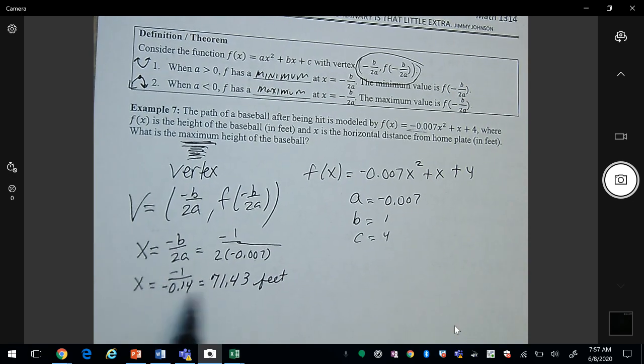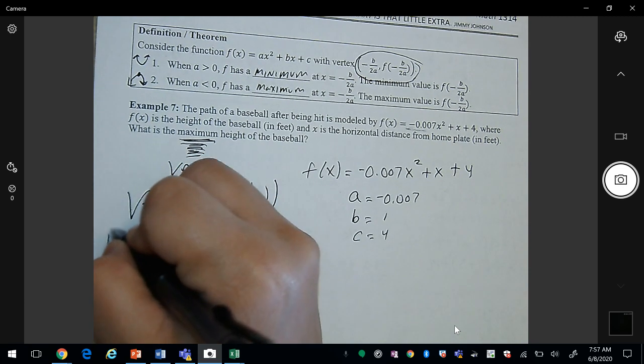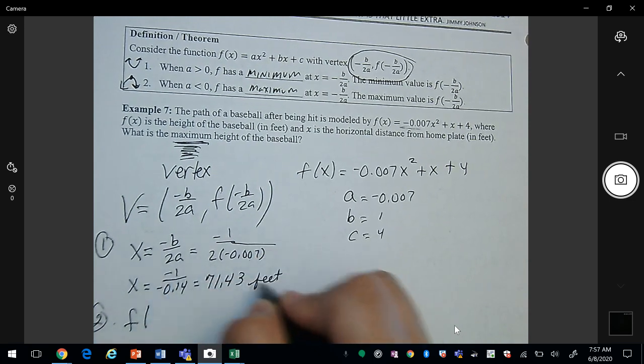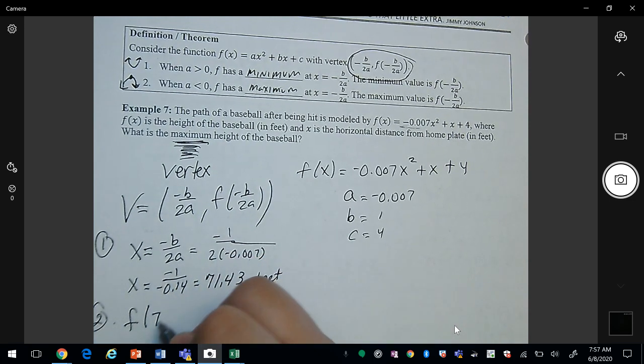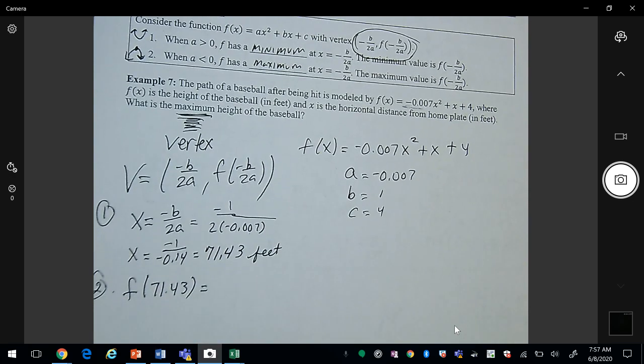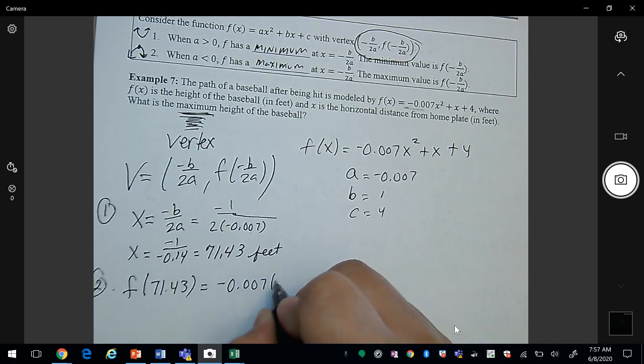Once you find your x value, then you're going to find your y value. So this is step 1. So step 2 is to find f of what you got in the first part. So we're going to find f of 71.43. And so what that means is we're going to plug in that number into every x that we see.